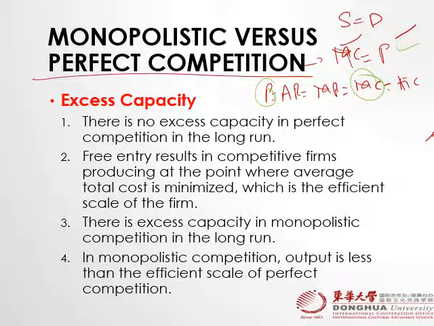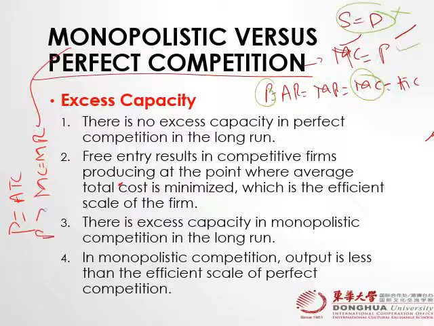But in a monopolistically competitive firm, this condition does not hold. Why? Because in a monopolistically competitive firm, we know that price is equal to ATC, but MC is equal to MR. This price is greater than MC, which is equal to MR, right? So we do have this kind of discrepancy.